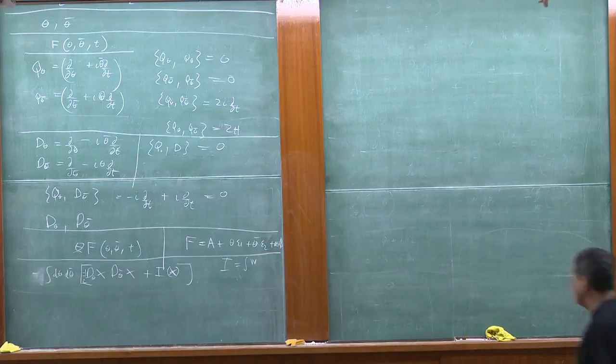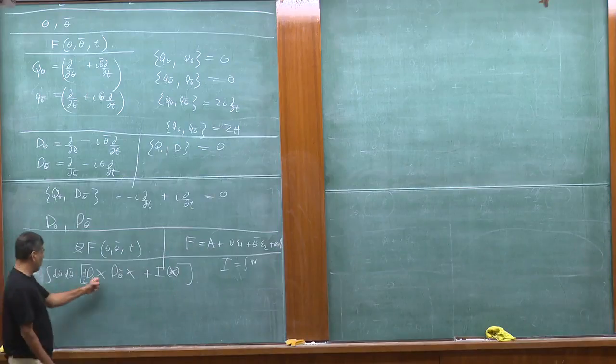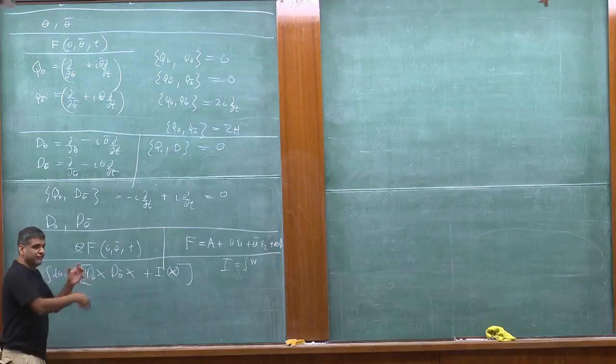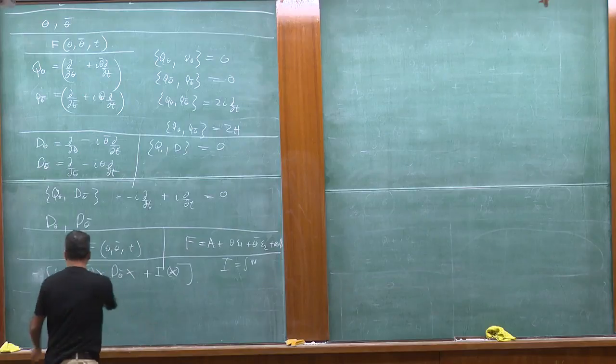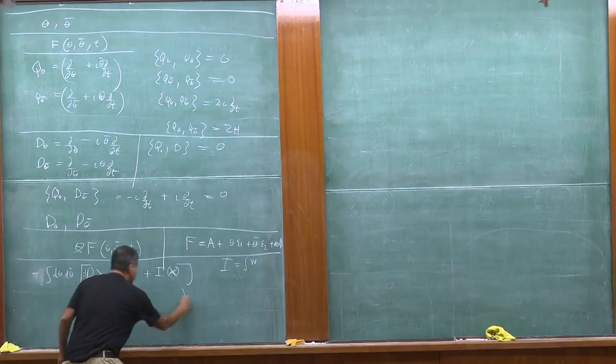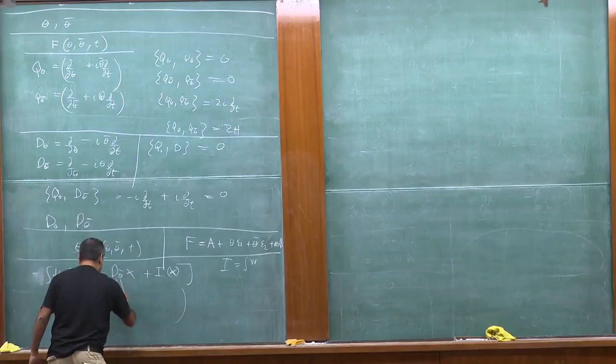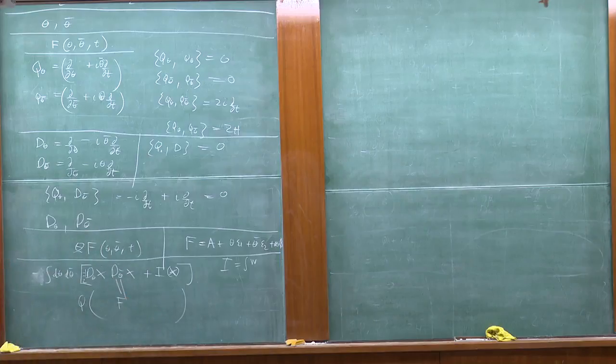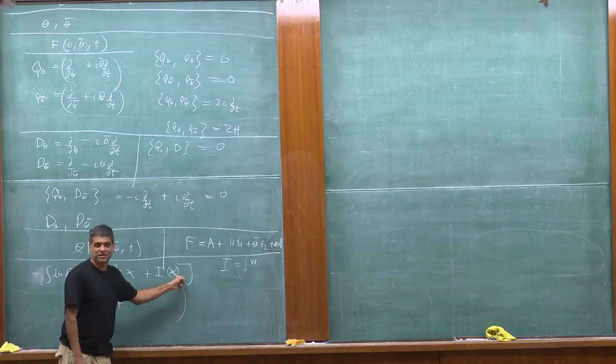Okay. So, claim, if I act on this whole thing with q, the transformation, if I transform X by q, is simply given by q acting on this whole thing, which I'm going to call f. This follows from, let's say, the chain rule of partial differentiation.